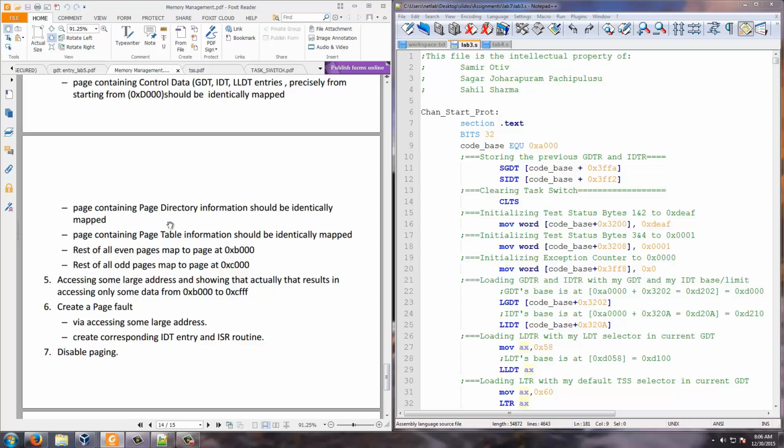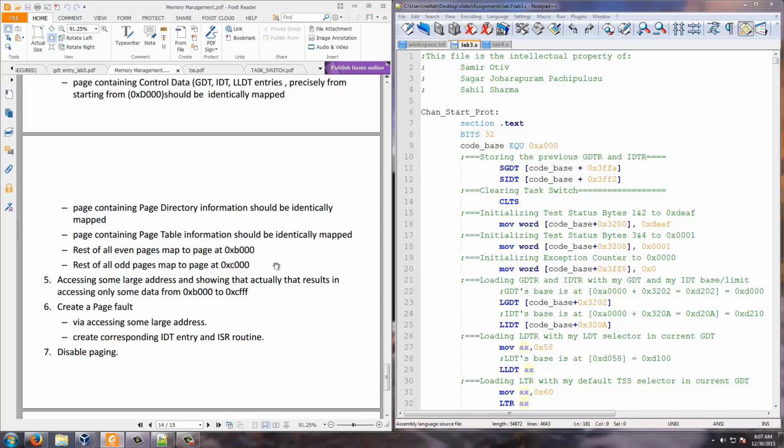And the page containing the page directory itself, which is 0xE1000 to 0xEFFF, should also be identically mapped. And the page containing the page table, that is 0xF1000 to 0xFFFF, is also to be identically mapped. And all the other even pages we map to 0xB1000, and all the odd pages we map to 0xC1000.